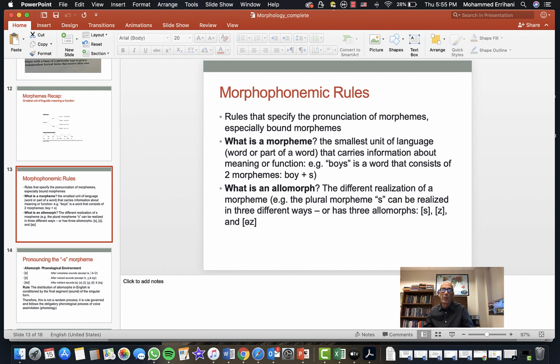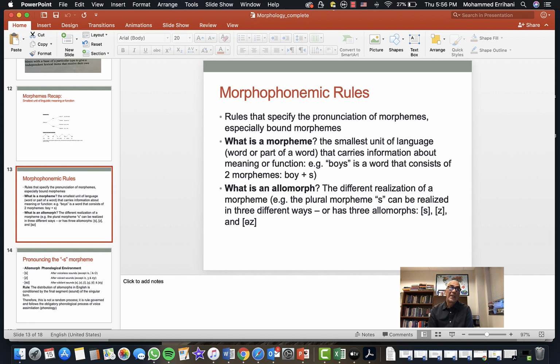So if you look at boy, it has three sounds, b, o, and y. So you have three phonemes, but when you put them together, you form a morpheme. Okay, and that morpheme can stand on its own, and that's why it's called a free morpheme. Now if you add s to it, it basically denotes the plural. And so boys has two morphemes, one free morpheme and one bound morpheme.